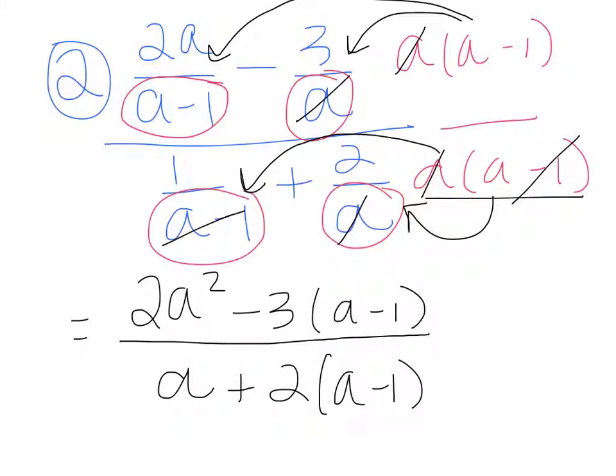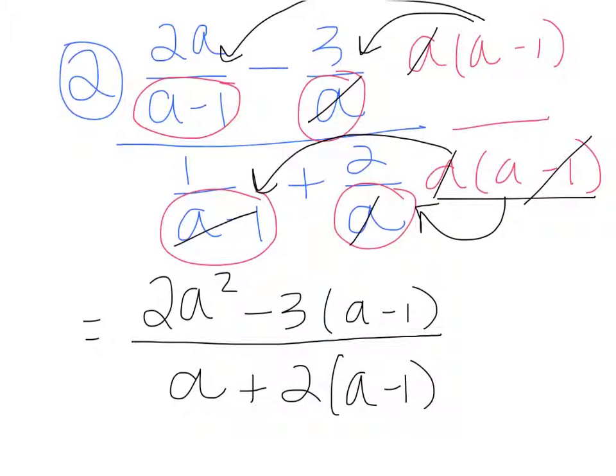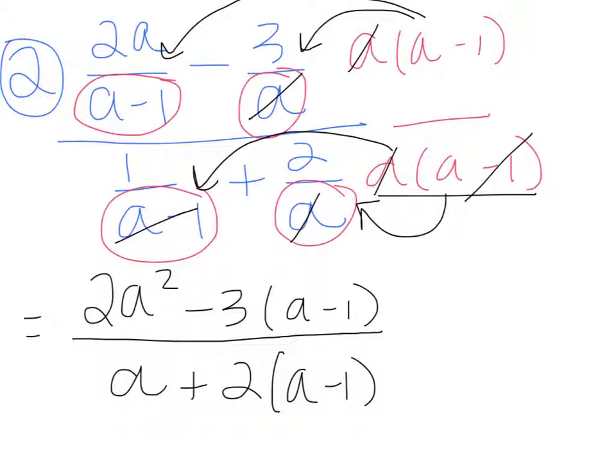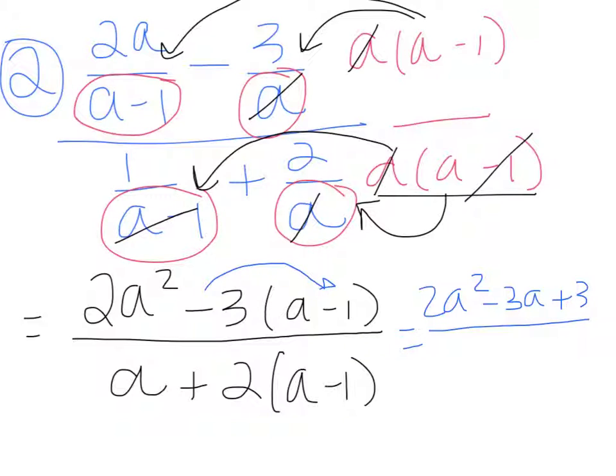So now I need to distribute, or simplify this guy, and I've got distribution to do on the top and the bottom. So now, this is going to equal, I've still got 2a squared on the top, minus 3a, and then remember I'm distributing a negative 3, so negative 3 times negative 1 is a positive 3, all across the top.